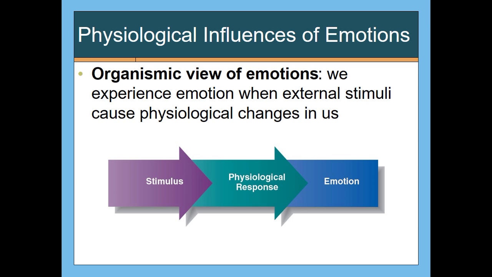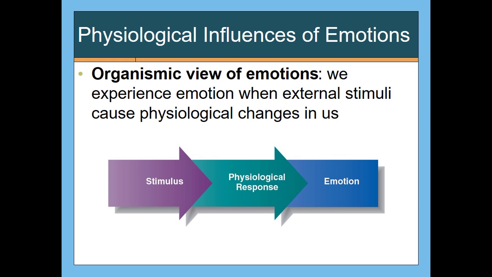So something happens in our environment, which is the stimulus. For these examples, we'll give the example of a barking dog. I think there's something in the textbook about a barking dog as they're explaining one of these points of view. So we'll use that for this lecture to explain these different views of how we look at emotions.